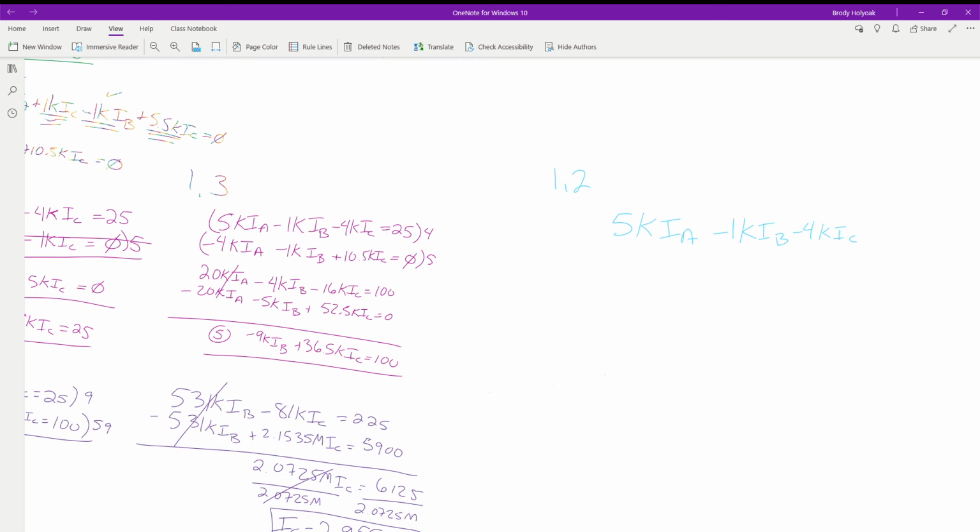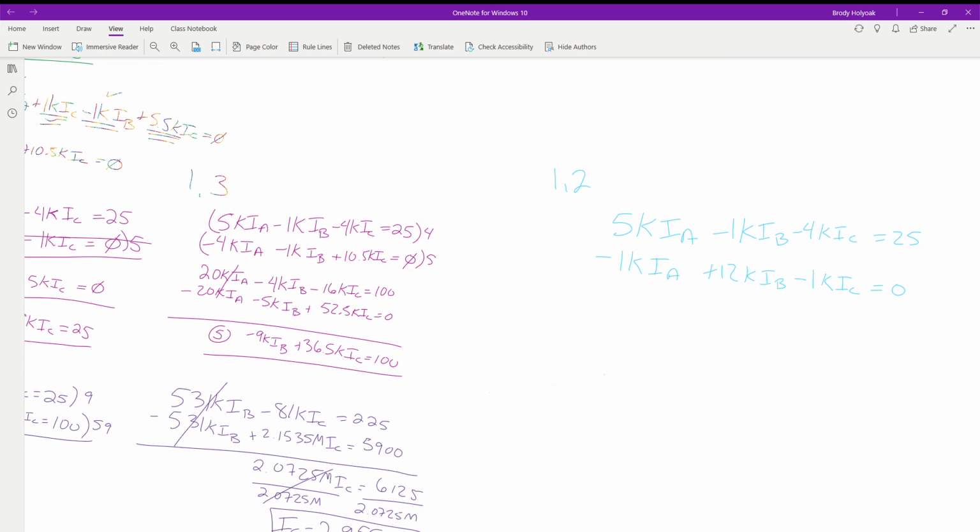So 1 and 2. So equation 2, we had negative 1K IA plus 12K IB minus 1K IC. That's equal to 0. That one's equal to 25. Good there? Which value did you go through and get rid of?